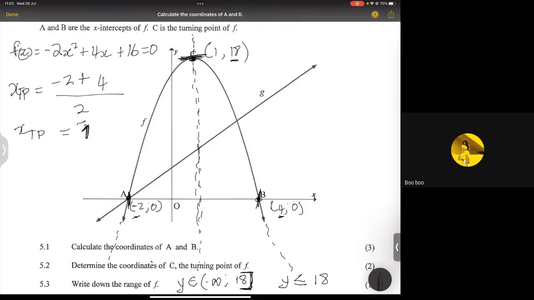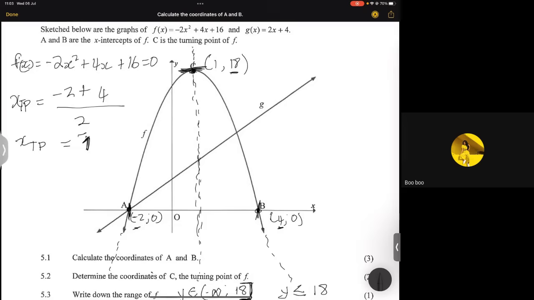Now, there are 2 points of intersection between the graph of f of x and g of x. Is it possible for you to find for me this point here? Let's call this point, we've got A, B, C, let's call this point D. How can we find point D?